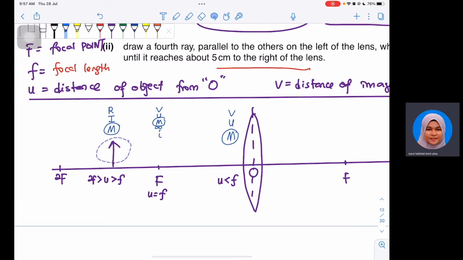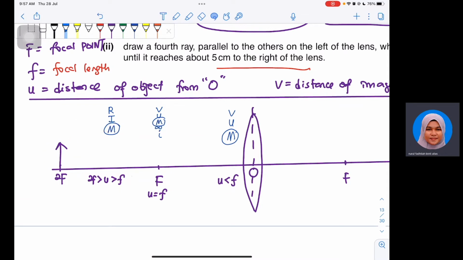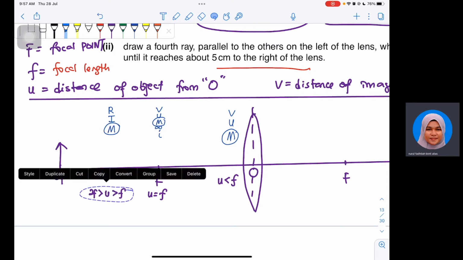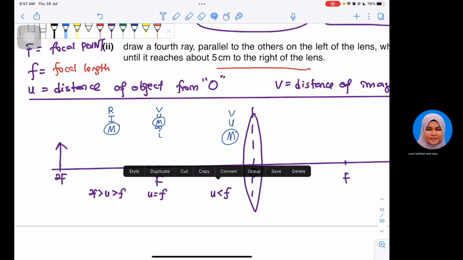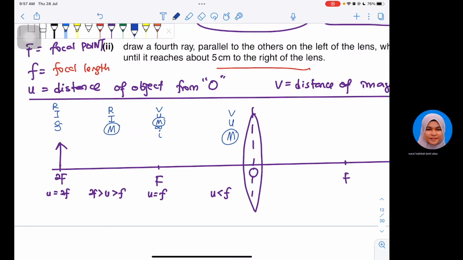Now, apa saya punya formula sekarang? U equals to 2F. So cari ciri image dia. Same size. Kalau objek tu 2 cm height, the image you will get same size juga, 2 cm juga.